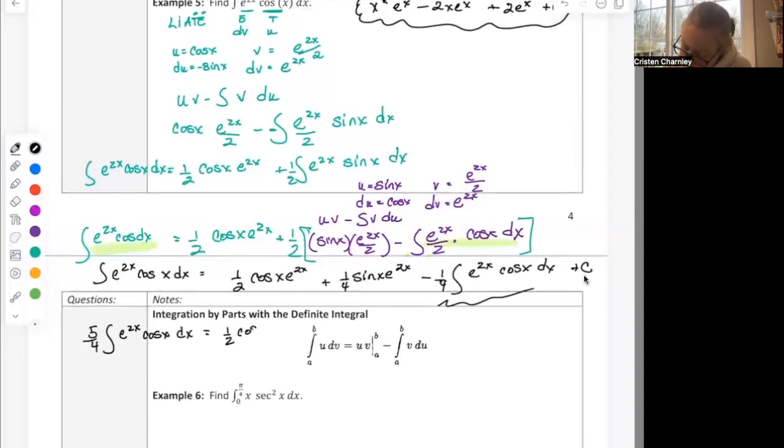Equals 1/2 cosine of x e to the 2x plus 1/4 sine of x e to the 2x plus c. And then to isolate the integral all by itself, we have to remove that 5/4 in the front, and that means multiply by 4/5 all the way through, and then you have an answer.